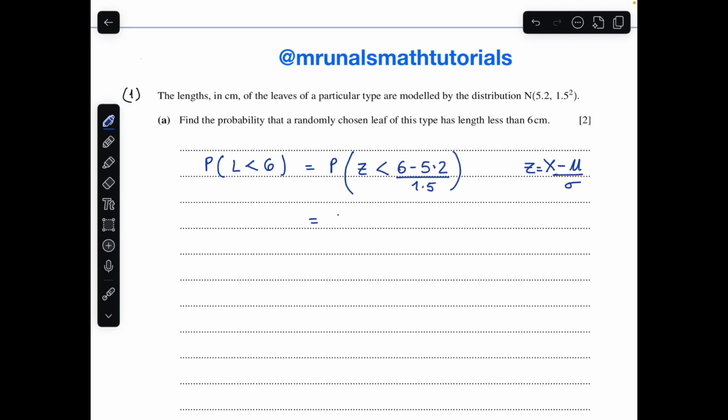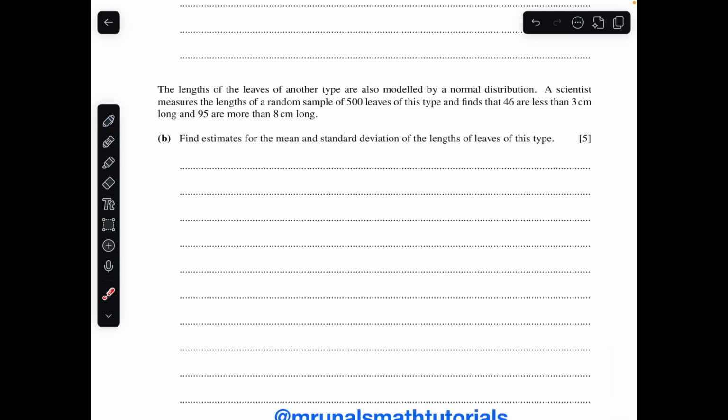So you get the z score to be 0.533. Remember, the z score has to always be 3 decimal places. So look up in your table for z less than 0.533. That is going to be 0.7029, which can be approximated to 0.703.